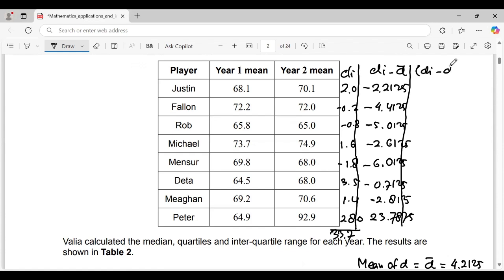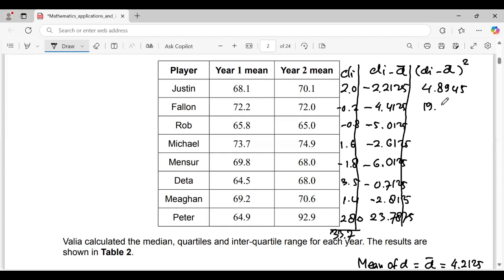And after that, the difference minus mean of D, squared. So this number squared is 4.8945.